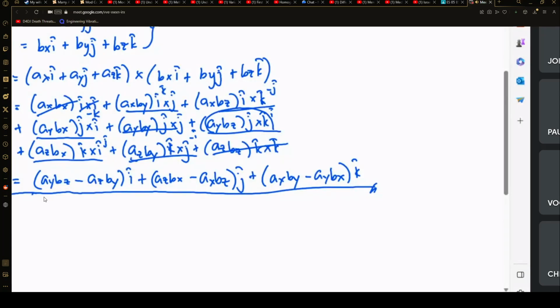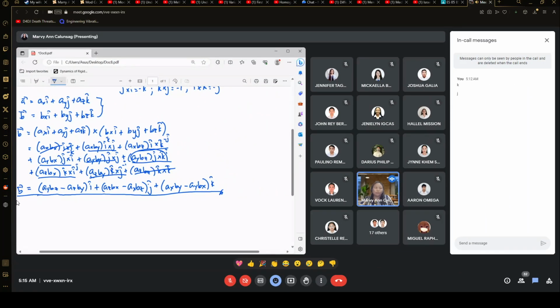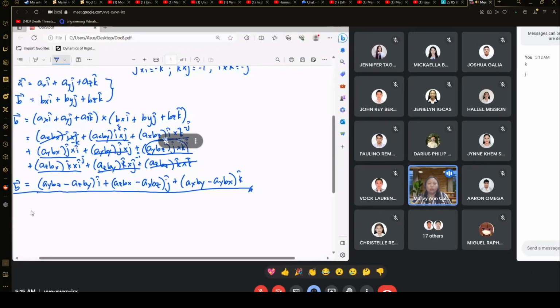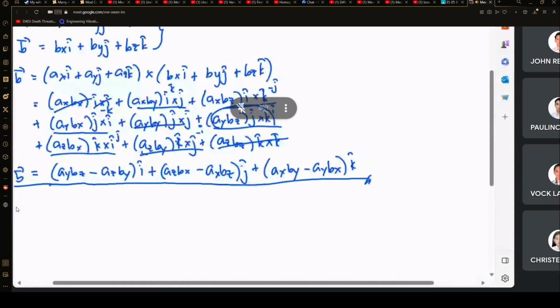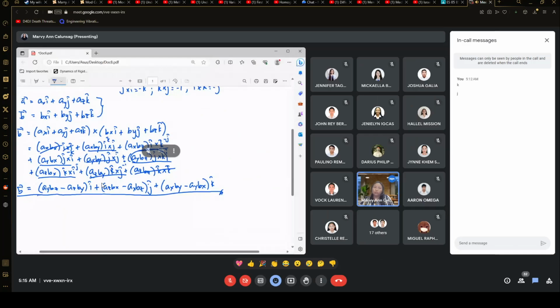So we will have a 3 by 3 matrix. When you say 3 by 3, that is 3 rows, 3 columns. So therefore, we have 9 elements in all. The first row would be I, J, K. The elements in the second row will be the components of the first vector.